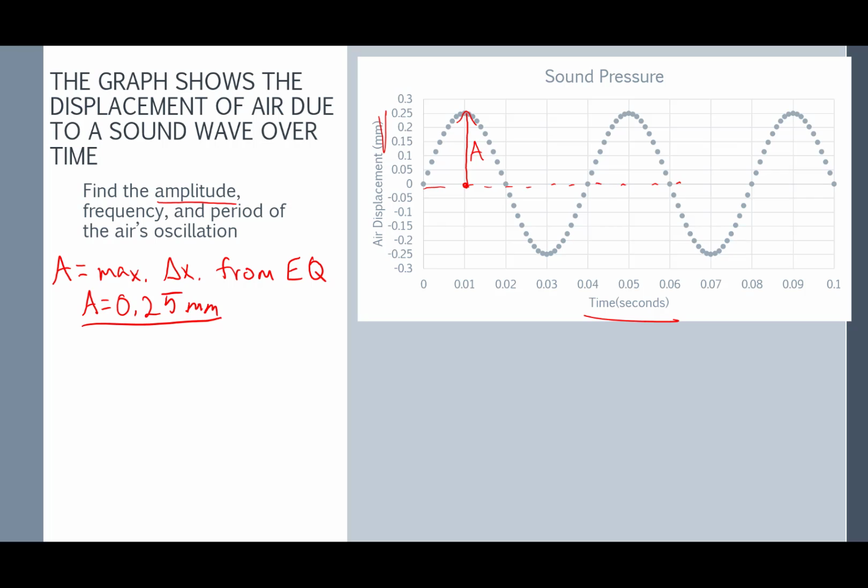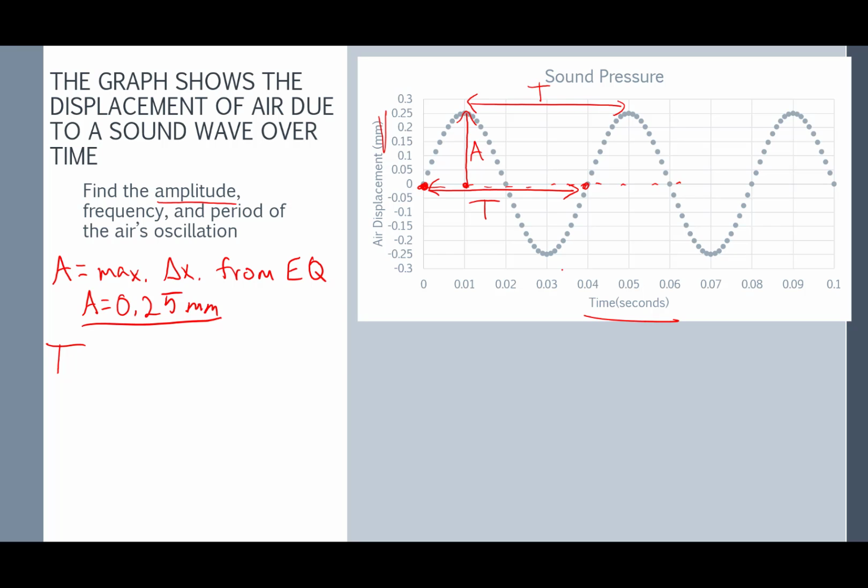Question 2. Find the frequency and period of the air's oscillation. Well, frequency might be a little bit difficult from this, but we can very easily find the period. Period is the time it takes to complete one cycle. We can see one cycle starts here, and that cycle finishes right here. So this would be a period. We could also start right here and go to here.